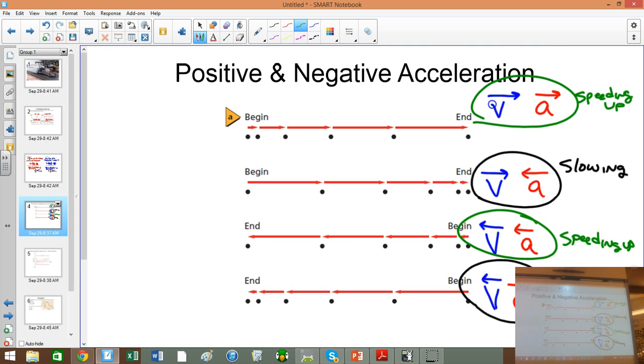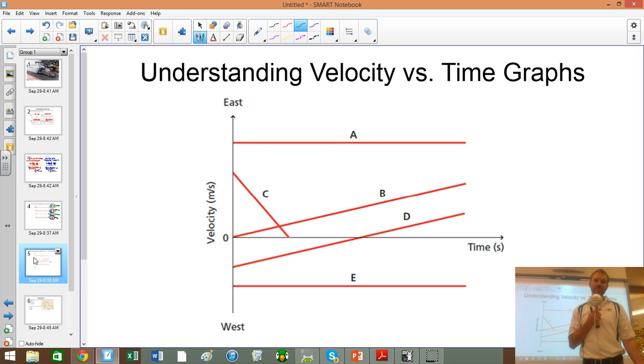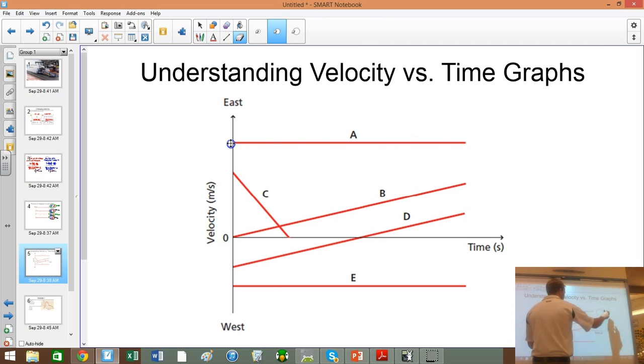Looking at these graphs, velocity versus time graphs are really confusing because if you treat them as if they were position versus time graphs, they get really tricky. Let me give you, for instance, this first graph right here. This means that you're going at a constant velocity east.